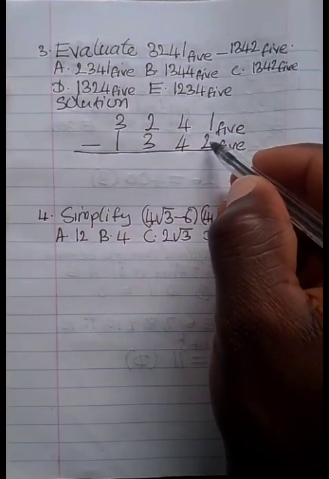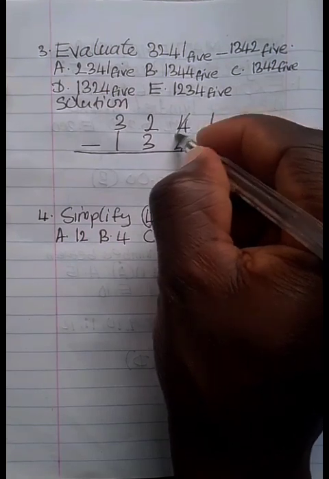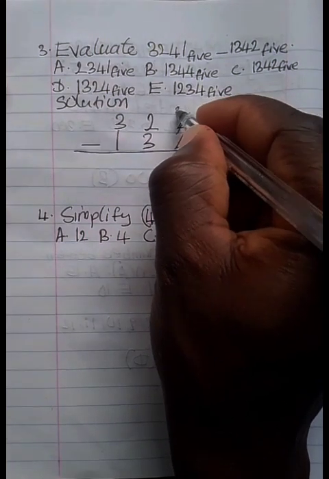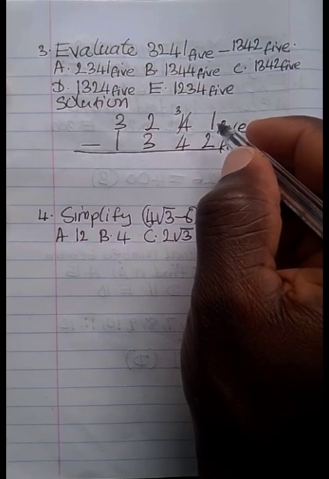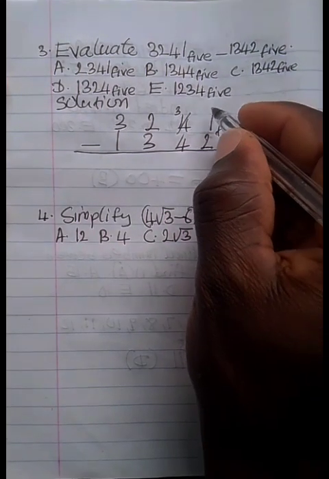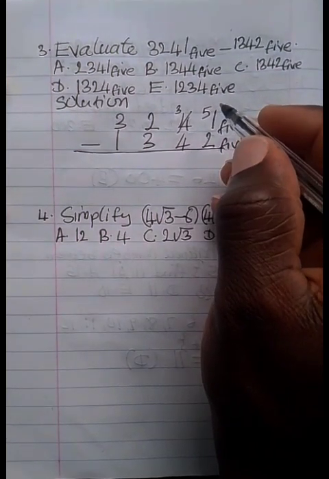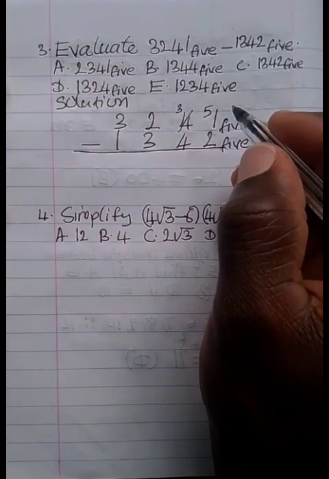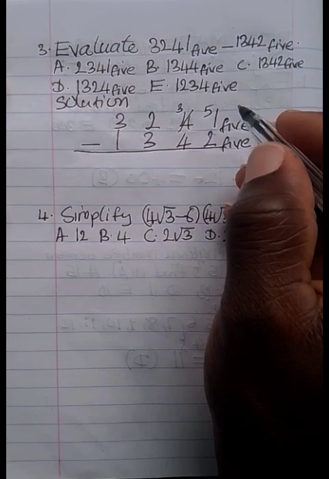1 minus 2 cannot. You come here, you borrow 1, here remains 3. The 1 you borrow, when it gets here, it becomes 5. This only happens when you are simplifying in number base.